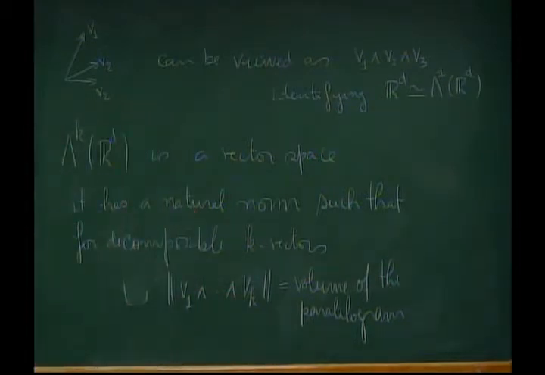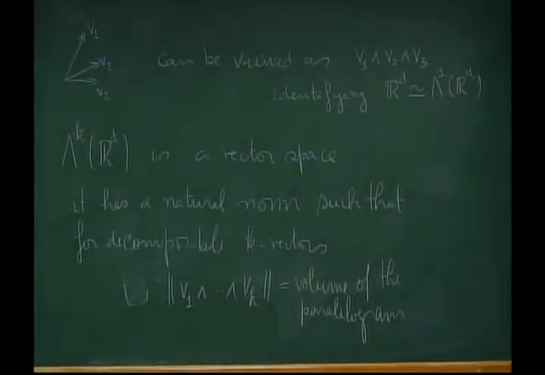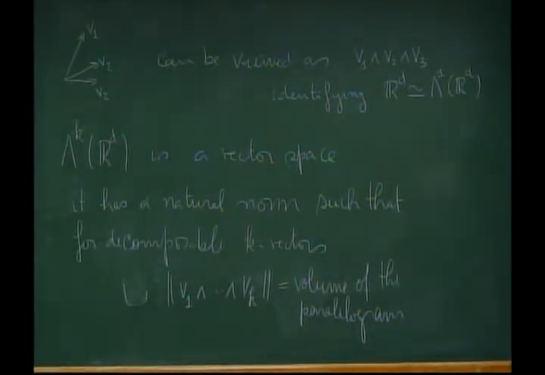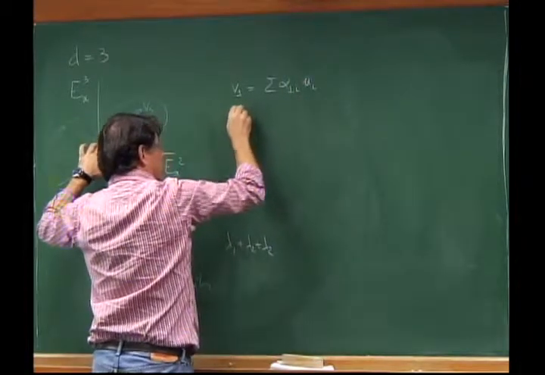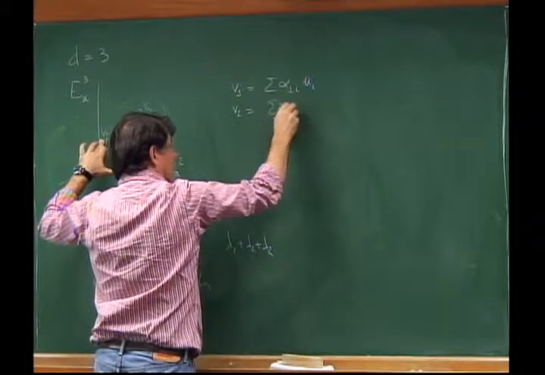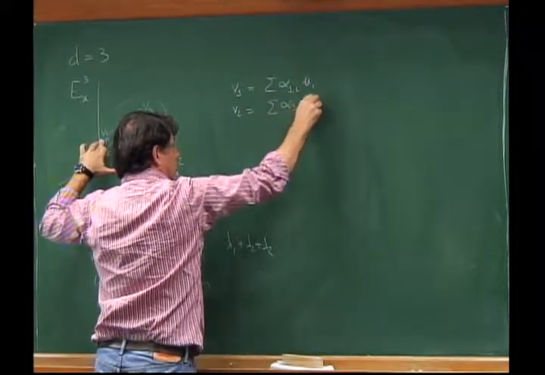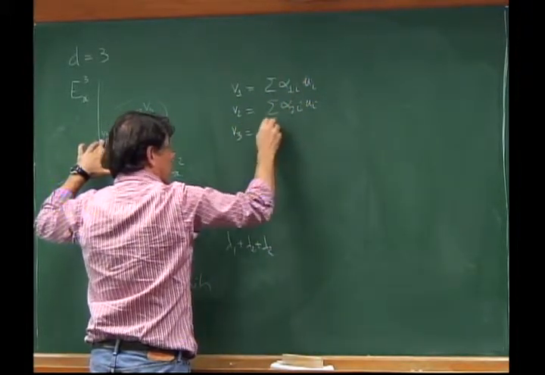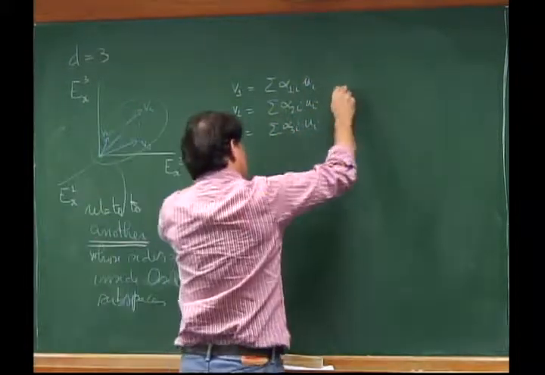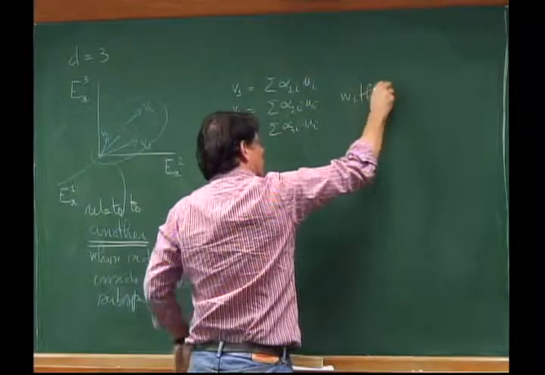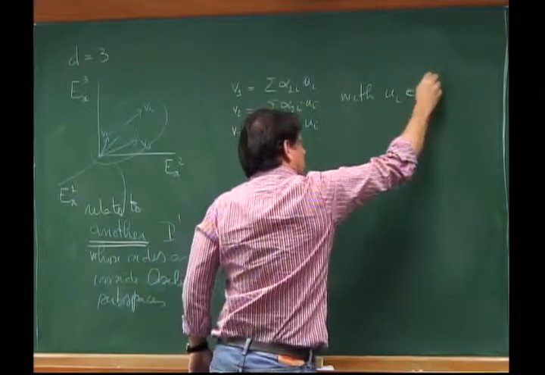Now, to finish, because I don't want to go too much over time, we can write v1 as a linear combination of ui, v2 as a linear combination of ui, v3 as a linear combination of these ones, with ui in Ei.